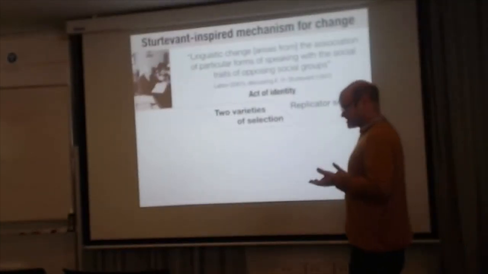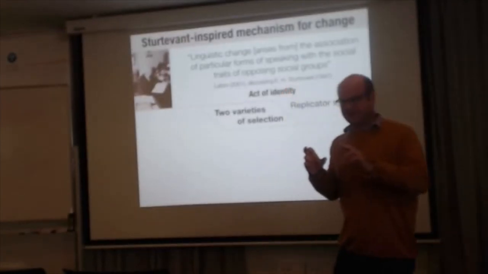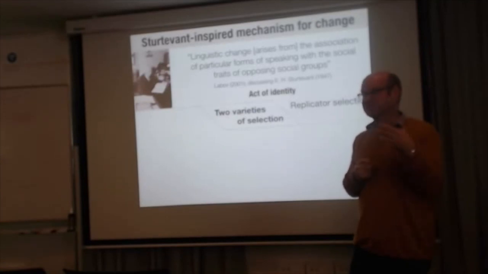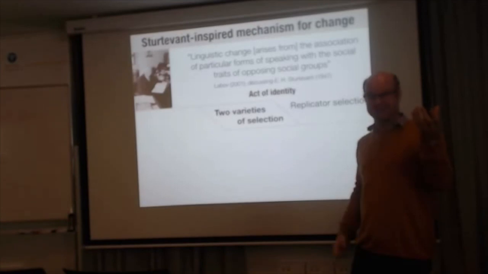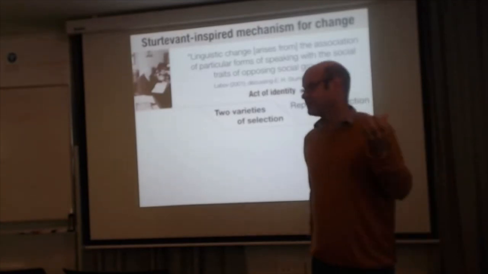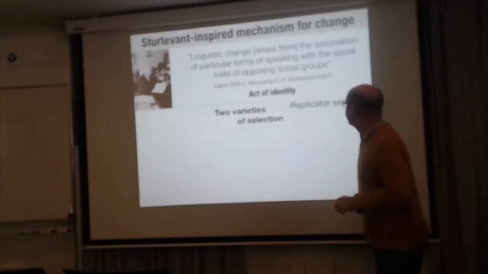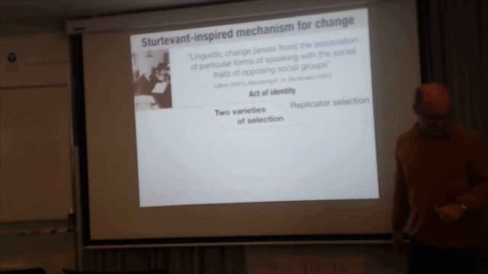Okay, and we call that replicator selection. Why? Because the word somehow has this prestige attached to it, and that is a reason for using it more often. So it's the form itself which is the thing that carries this idea of, like, I want to be said more often, or people want to say me more often. Okay, so that we call replicator selection.